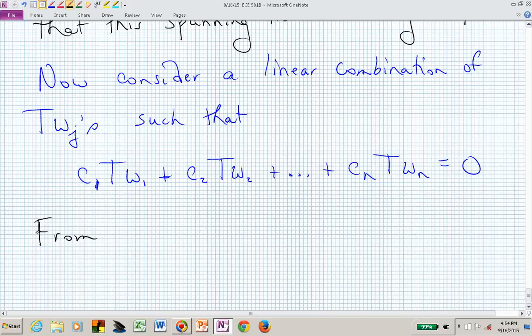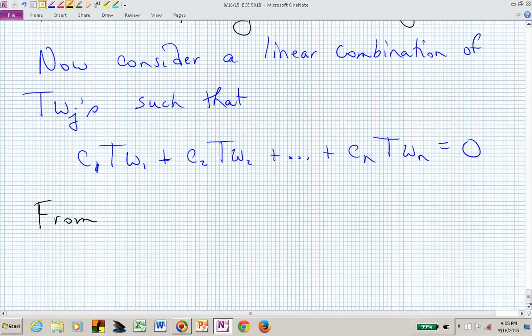Or maybe what I should ask is, can we use one of the properties of a linear map to rewrite this expression? Can we slide those scalars through that linear map and have T operating on C1 W1, because of homogeneity, right?